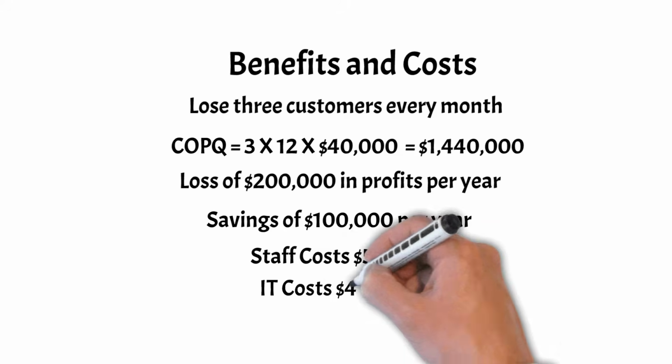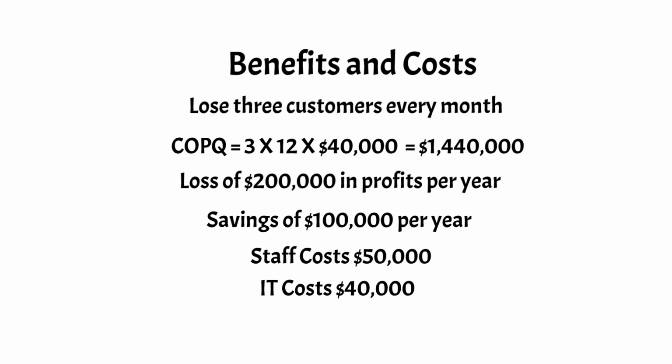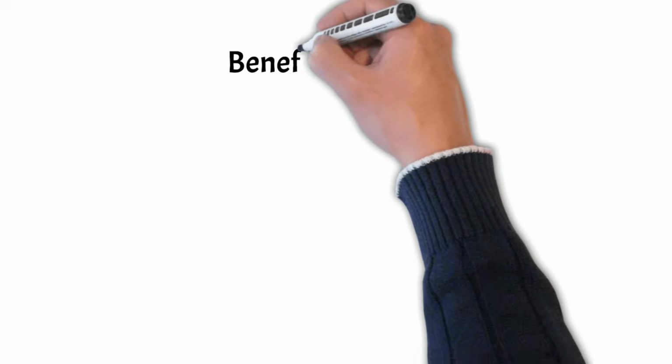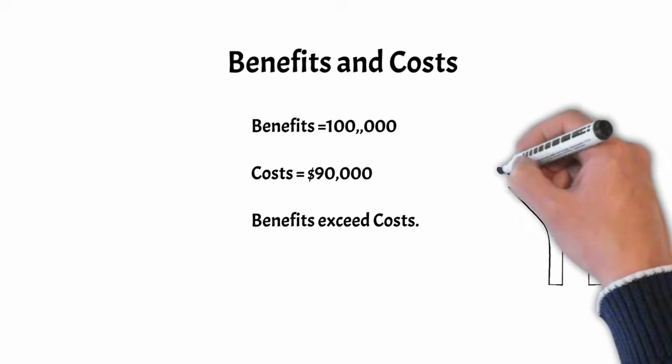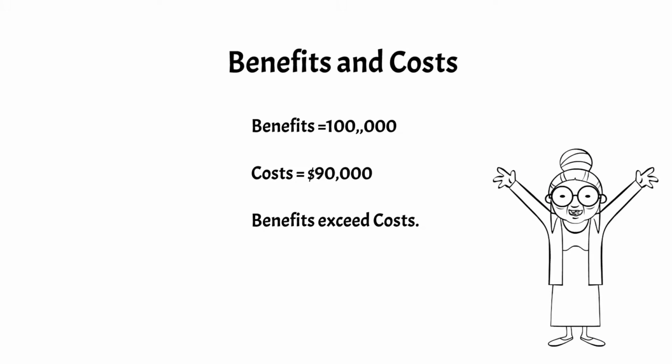In addition, the cost of IT changes have been estimated to be $40,000. Comparing the benefit of $100,000 with the cost of $90,000, the benefits in 1 year exceed the cost.